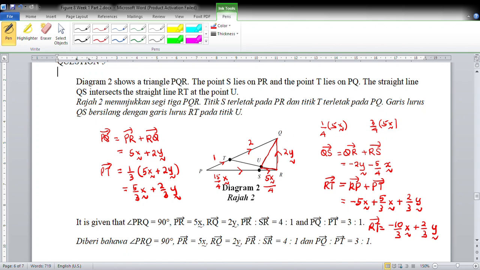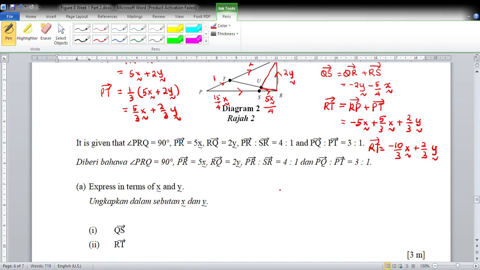So either you can say RQ is equals to RU plus UQ, or RU is equals to RQ plus QU, or any combination using these 3 points, right? So I'm going to use RQ is equals to RU plus UQ, alright? So I'm going to use that.